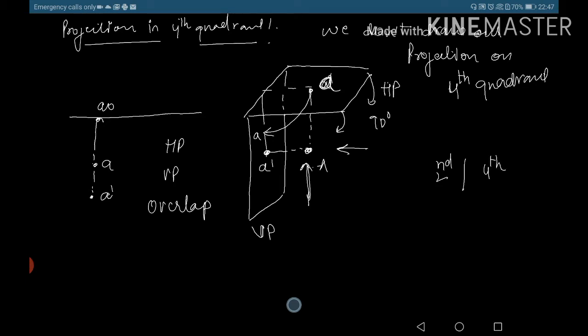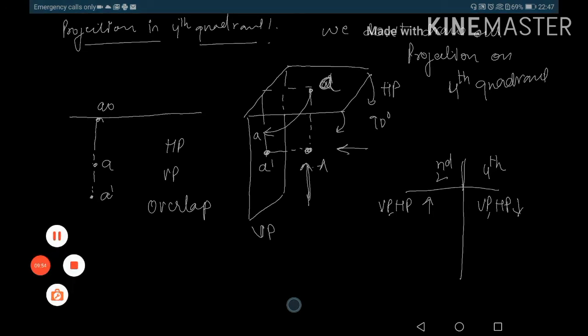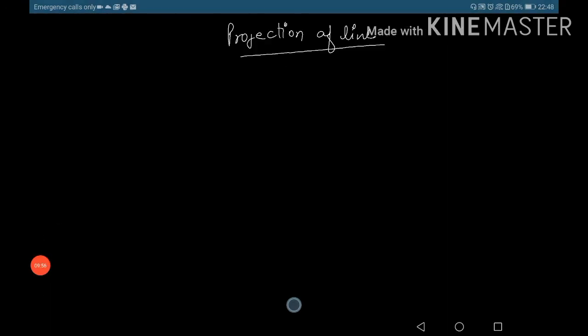We don't use these two quadrants. In the second quadrant, VP as well as HP are above the XY line. In the fourth quadrant, VP as well as HP are below the intersection line.